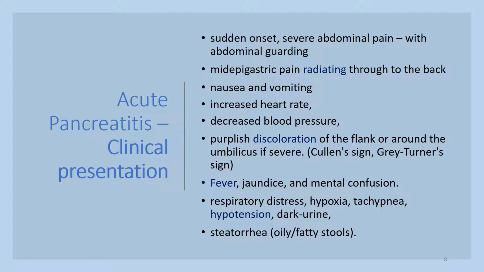That is lying on the left side, flexing the spine and drawing the knees up towards the chest. They also experience respiratory distress, hypoxia, tachypnea, hypotension, and dark-coloured urine, and sometimes, more often in chronic pancreatitis, steatorrhea, or oily or fatty stools.